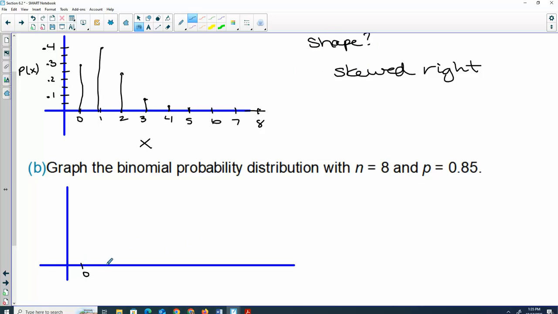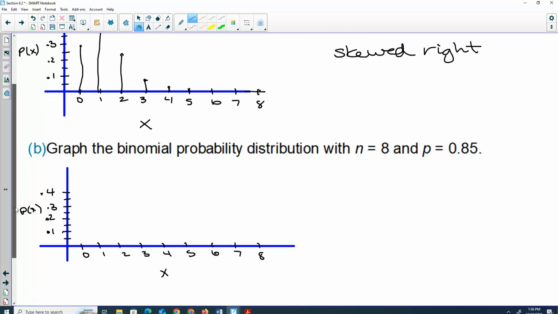Let's look at it if we graphed it. So if I'm still on 8, but I go down to 0.85, the first few are 0, 2, 3, very small positive numbers, hard to graph. 0.01, 0.08, 2, 3.